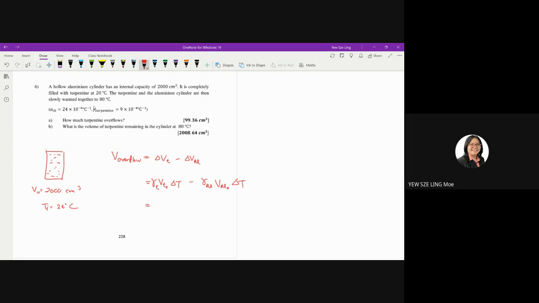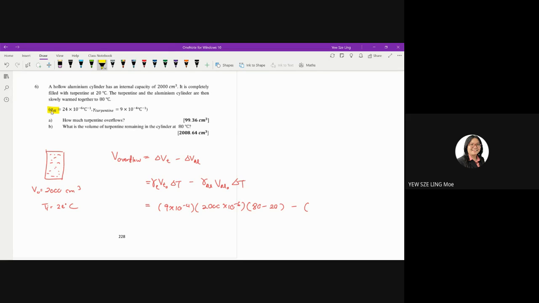So it equals 9 times 10 to the power of negative 4, times the initial volume 2000 times 10 to the power of negative 6, times the change in temperature, 80 minus 20, minus, now be careful again. You're given alpha. That's why I told you just now, you have to be extra careful with the coefficient. Sometimes you're given a case in volume expansion, but the question gives you the coefficient of linear expansion.